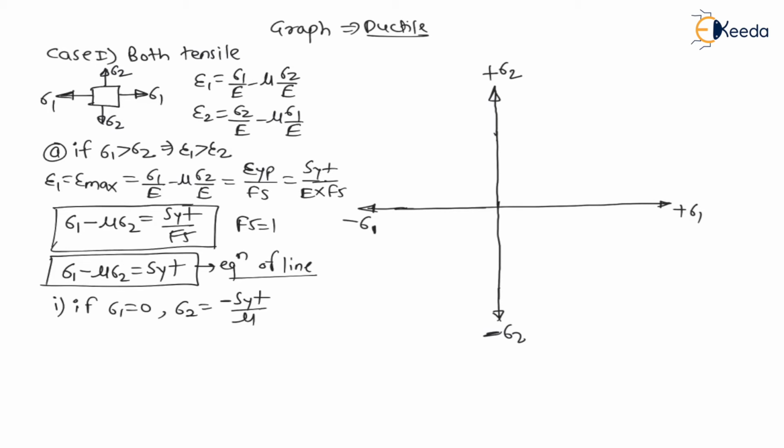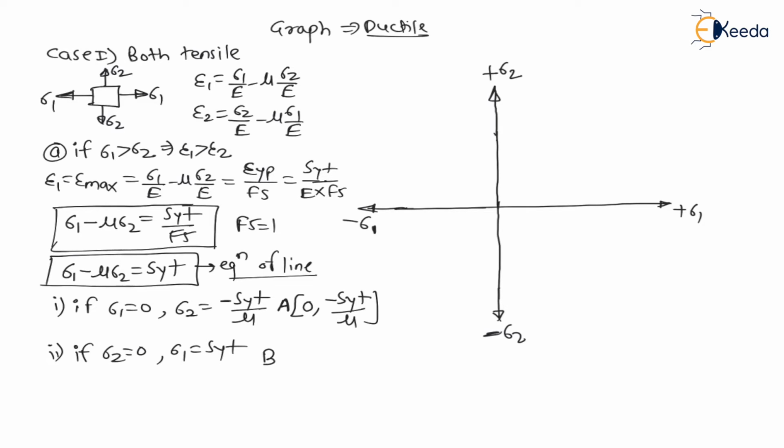Therefore, for the first case, let us say this is point A. What are the coordinates? 0 comma minus SYT by mu. Now second, if I consider sigma 2 is equal to 0, then putting in the equation I will get sigma 1 is equal to SYT.